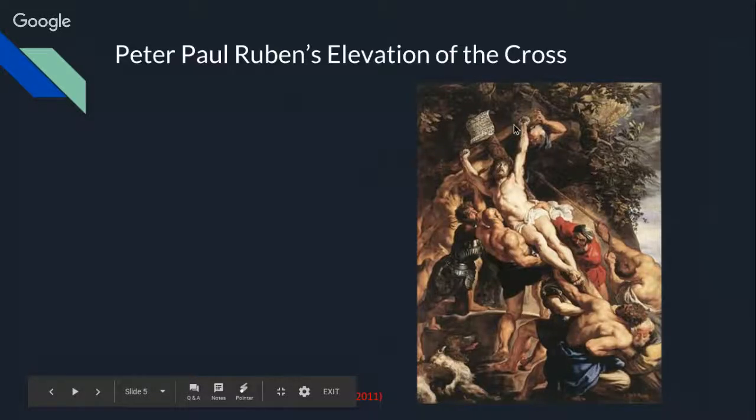As we can see, Christ has been crucified and he is looking up at the sky. And so it's as if he's having a conversation with God. Jesus Christ is having a conversation with God himself, looking up at the sky.